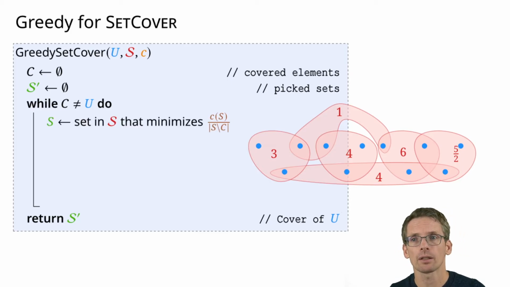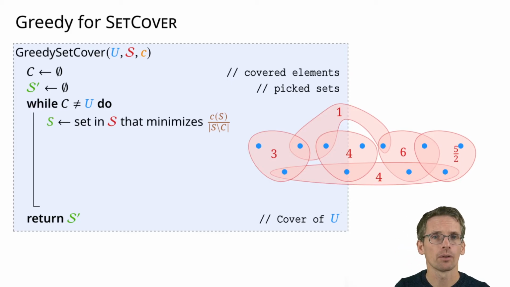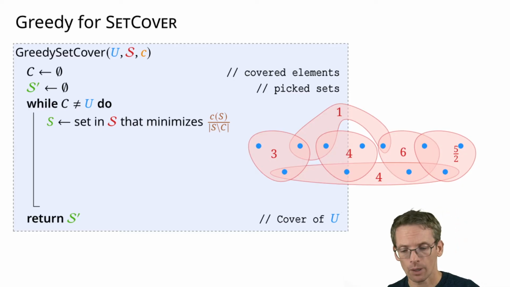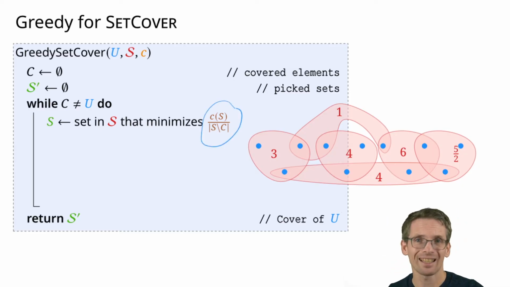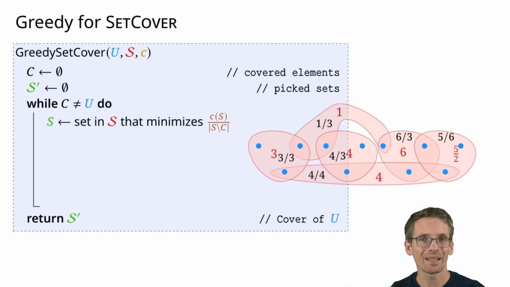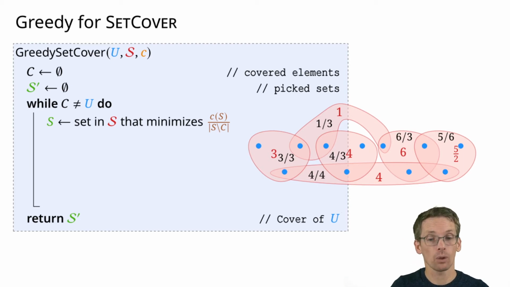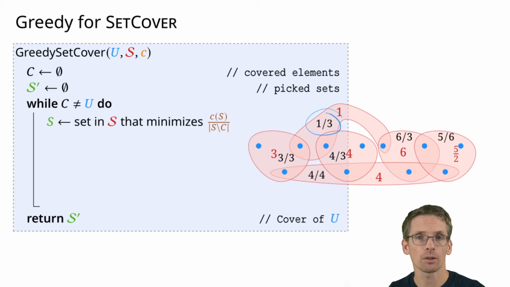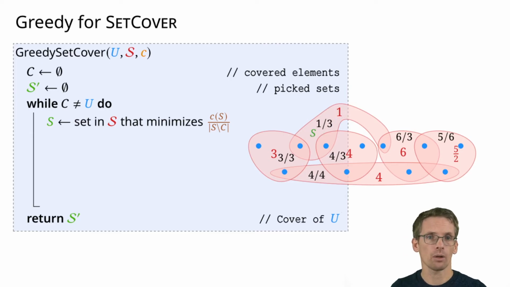For each set, we need to calculate the per element costs. We have those here, cost of the set divided by number of remaining elements. That would give me these numbers here. And then I take the set with the smallest number. Here the smallest number is 1/3. That would be my set S, which I want to select.